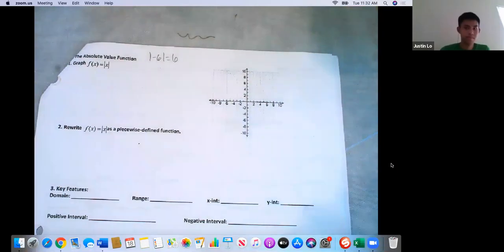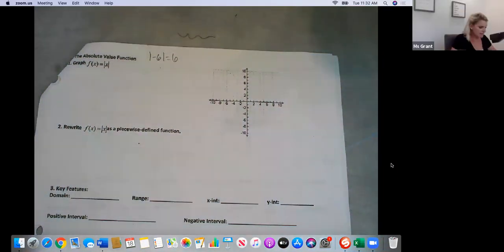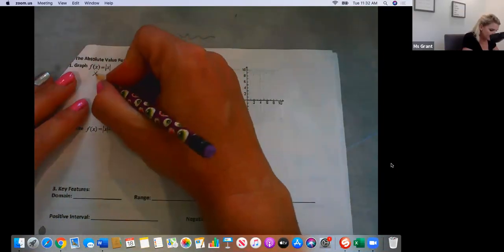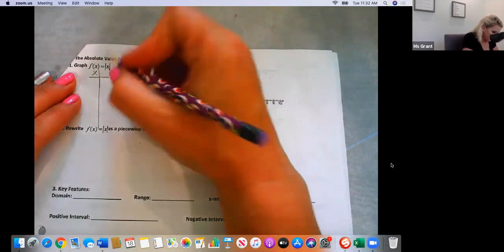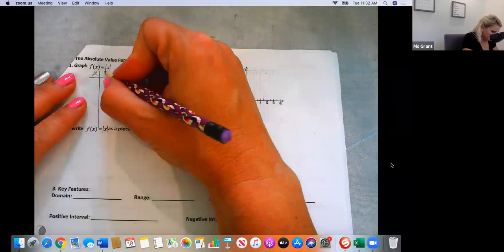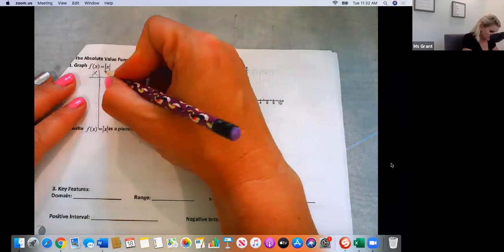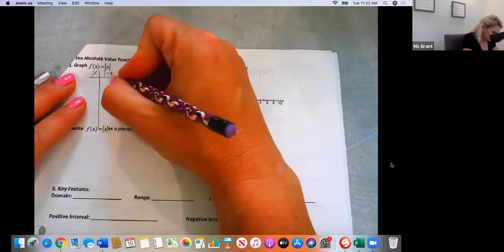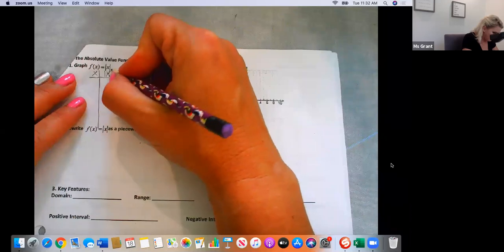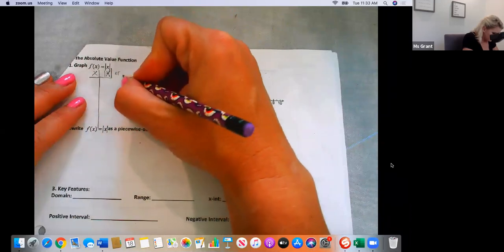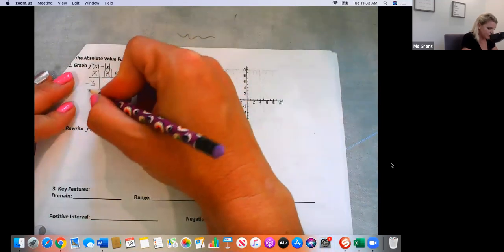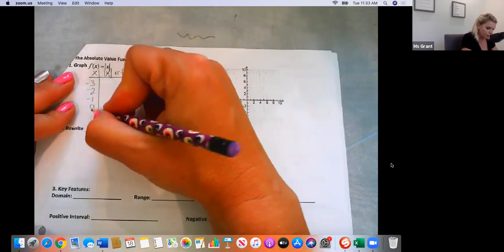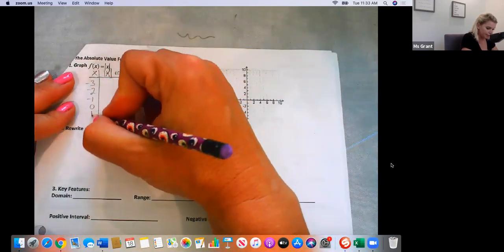So keep that in mind, because as I'm making my table of values, you're going to make a table of values and go from -3 all the way to 2: -3, -2, -1, 0, 1, 2. These are going to be my X values that I'm going to include.